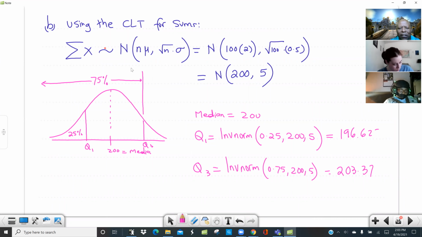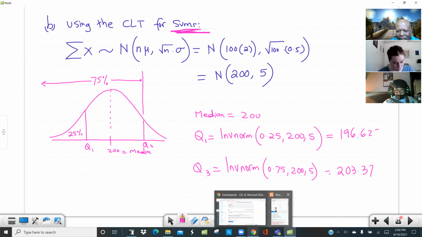They want us to find the same guys for the sum this time. So we first of all update our mean and standard deviation, because you are dealing with the sums here. N, which is 100 times 2, is 200 here. That's the mean. Square root of 100 is 10. 10 times 0.5 is a 5. So those are our new parameters.